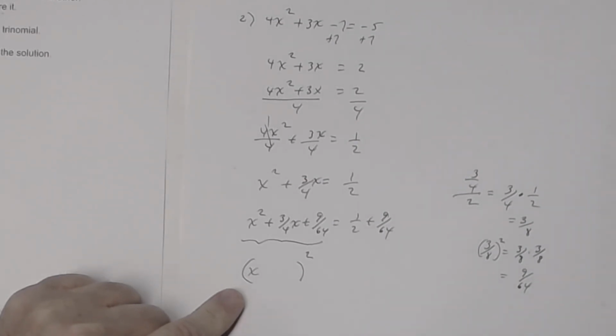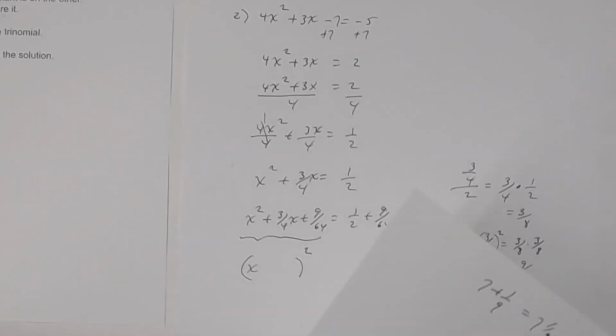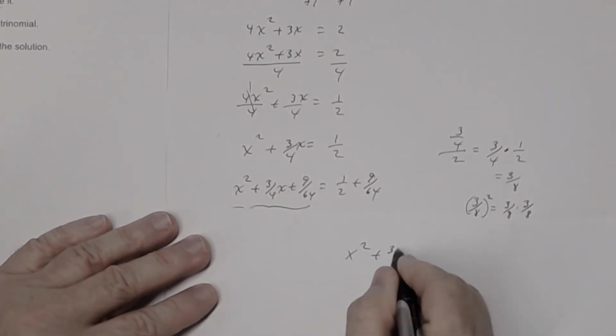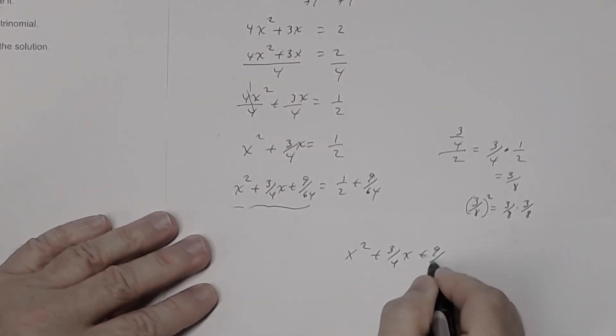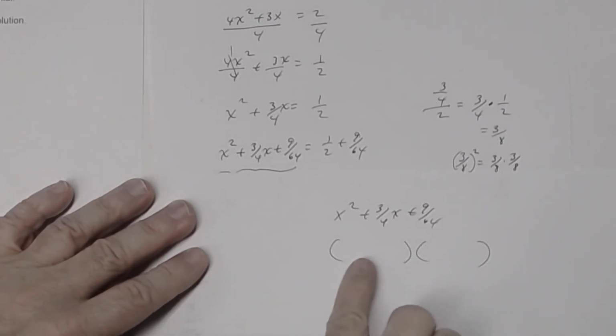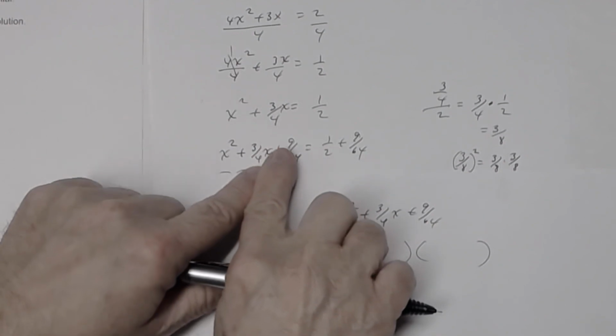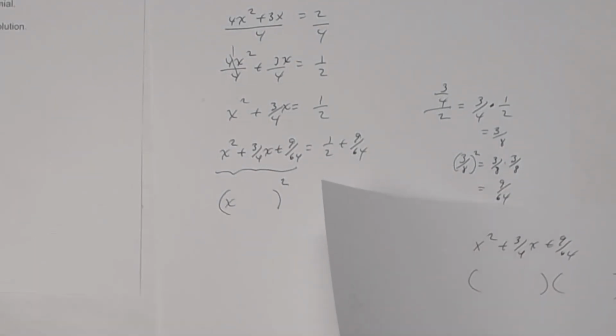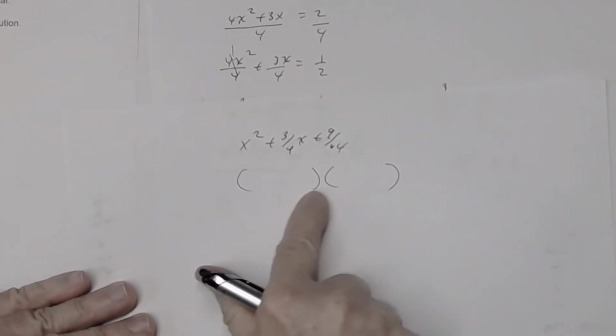And if you want to think about it, then go ahead and do that. So we have x squared plus 3/4 x plus 9/64. But at some point, you're not going to need to actually work it out. You could come here and you could guess or determine right away what goes here. But if you need to, go ahead and do this first.